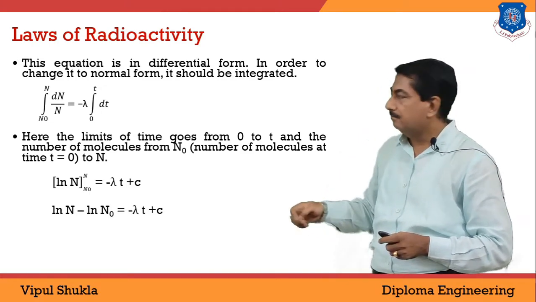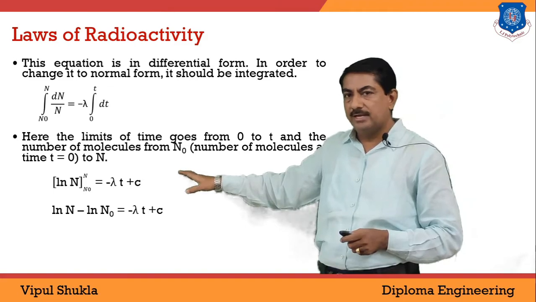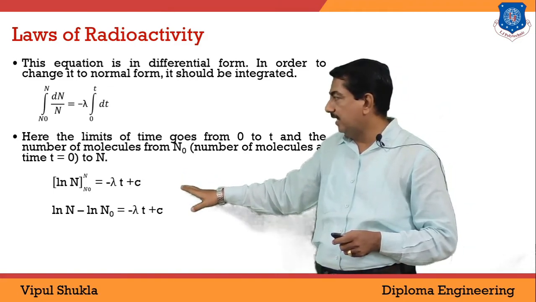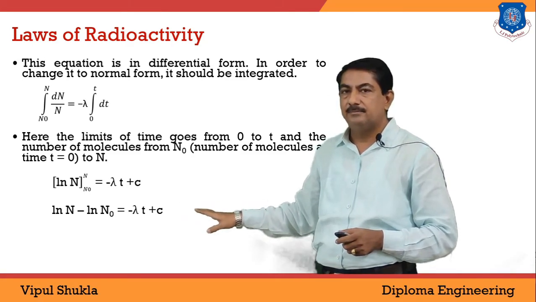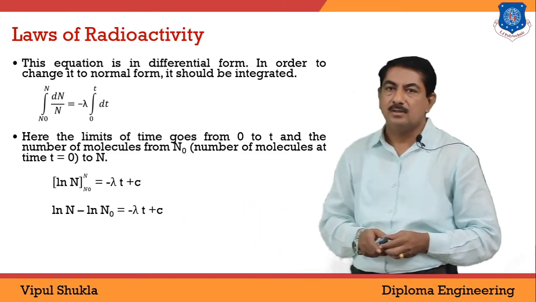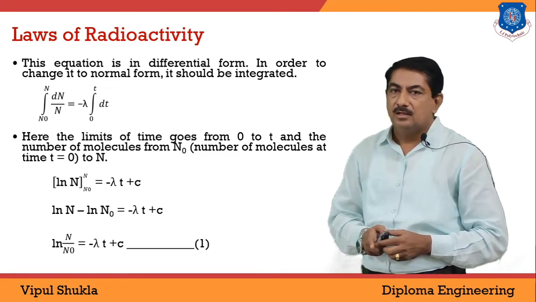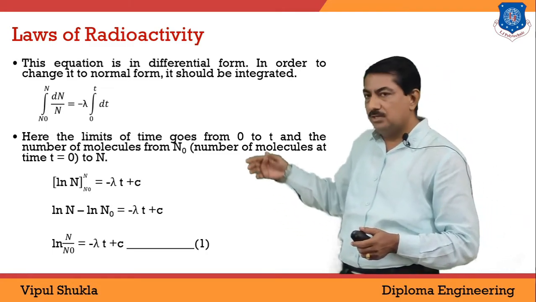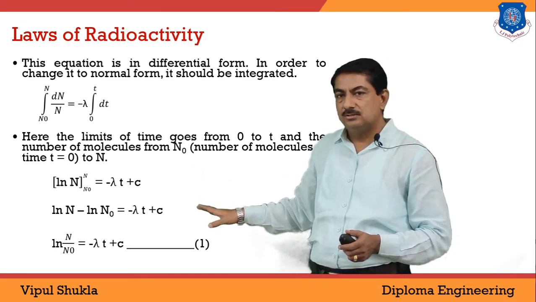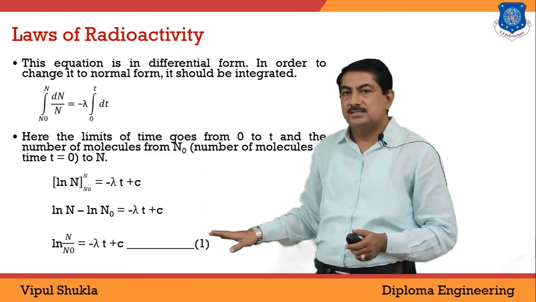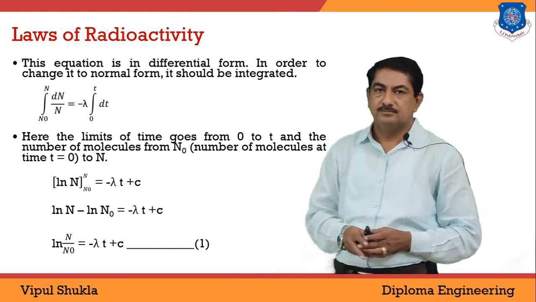Next, by utilizing the laws of logarithm, it is ln N minus ln N0 equal to minus lambda t plus c, or, using another law of logarithm, ln N upon N0 equal to minus lambda t plus c. Say this is equation number 1.